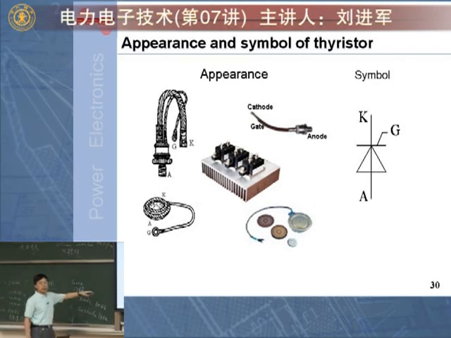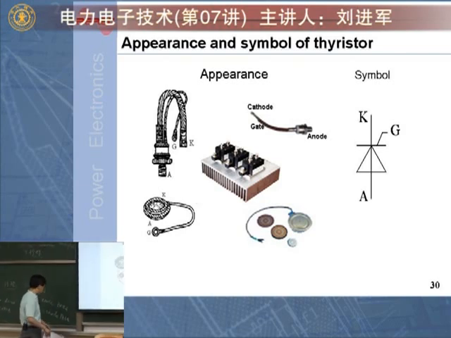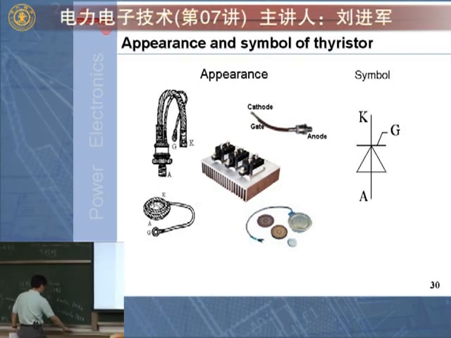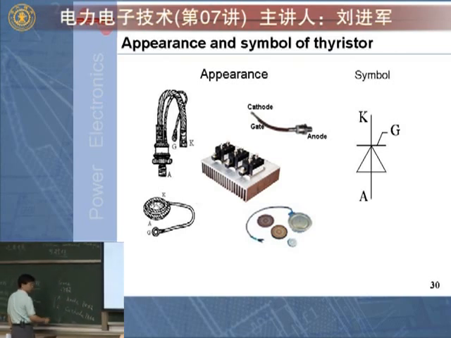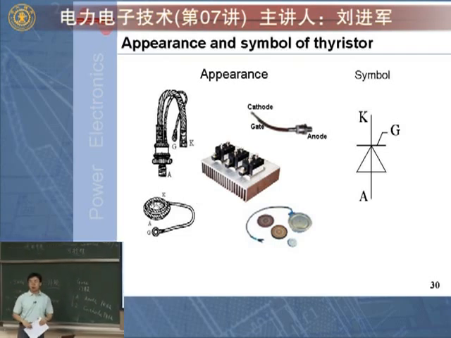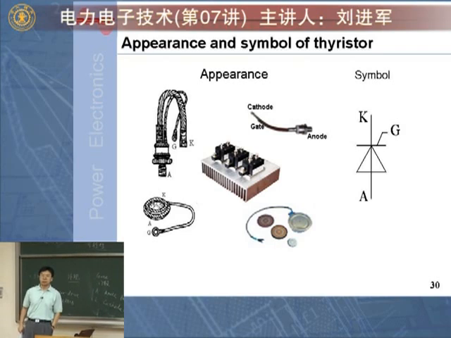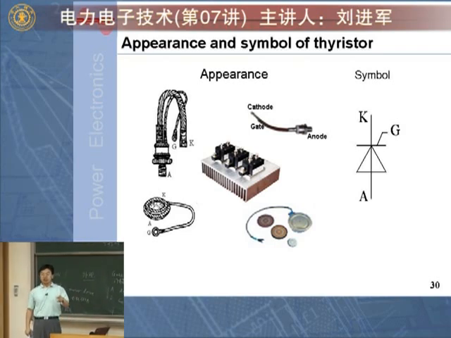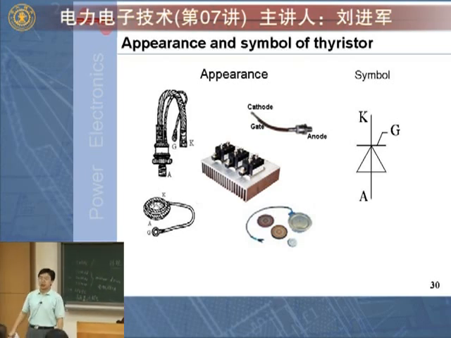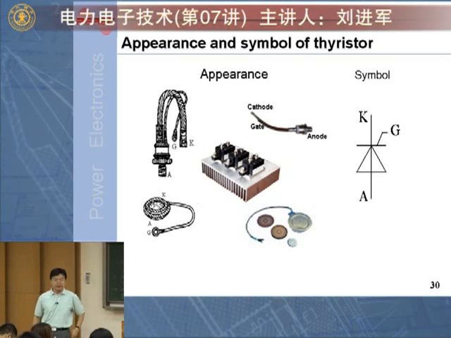That is A and K. The large current will be flowing through A and K. And then there will also be two terminals to connect to the control circuit, because the control circuit is going to send signals to control this device.